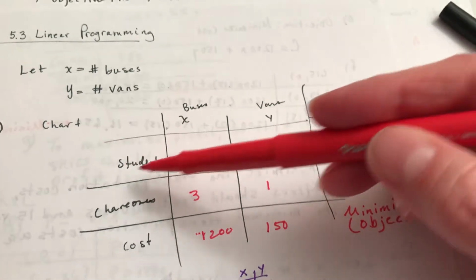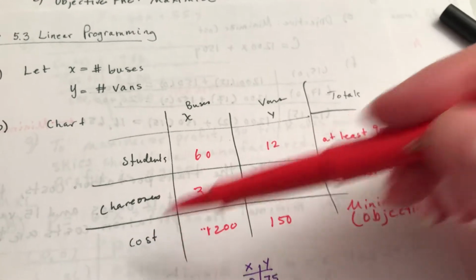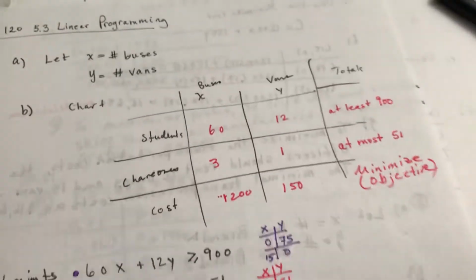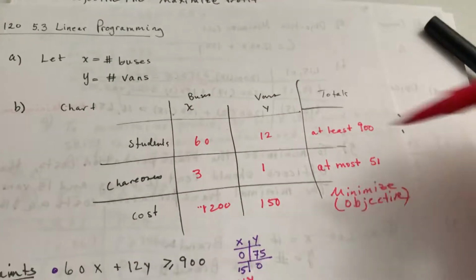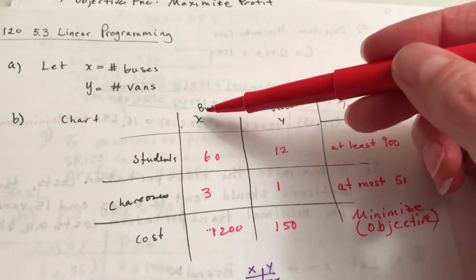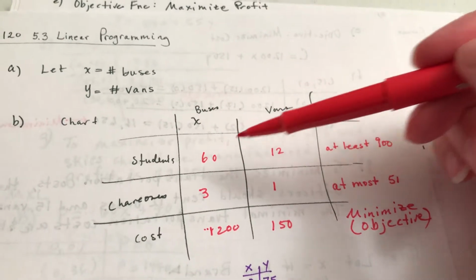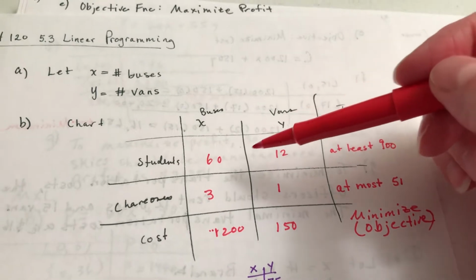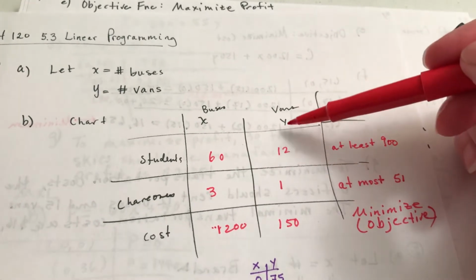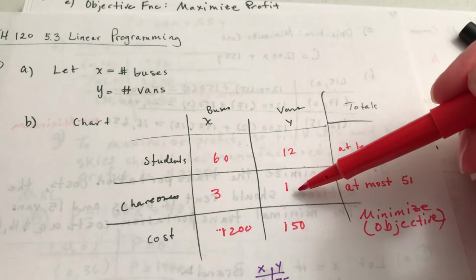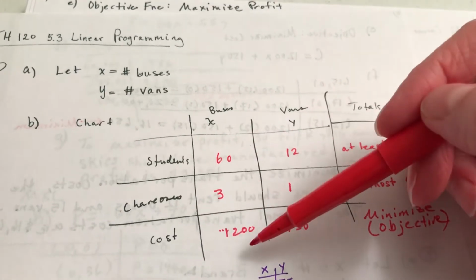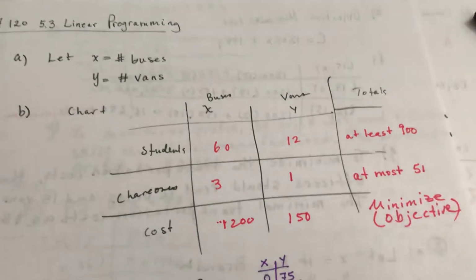So we're talking about students and chaperones and cost here. And you can always stop this at any time, but the buses, say you can have 60 students, 3 chaperones. The vans, you can have 12 students and 1 chaperone. The cost of the bus, $1,200. The cost of the vans, $150.